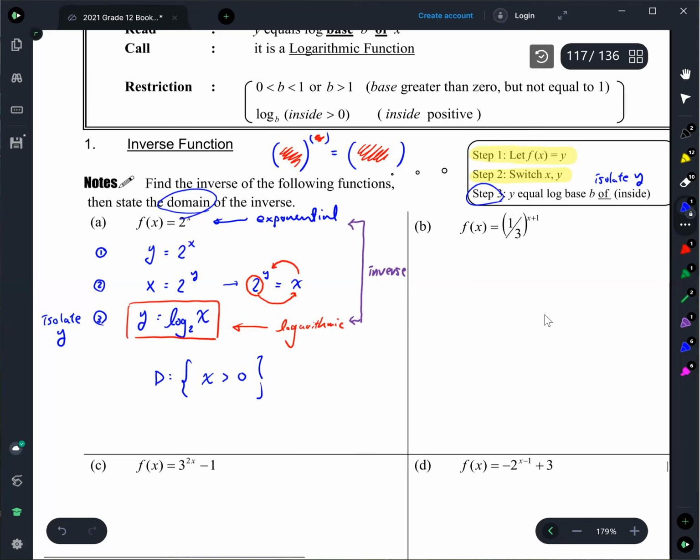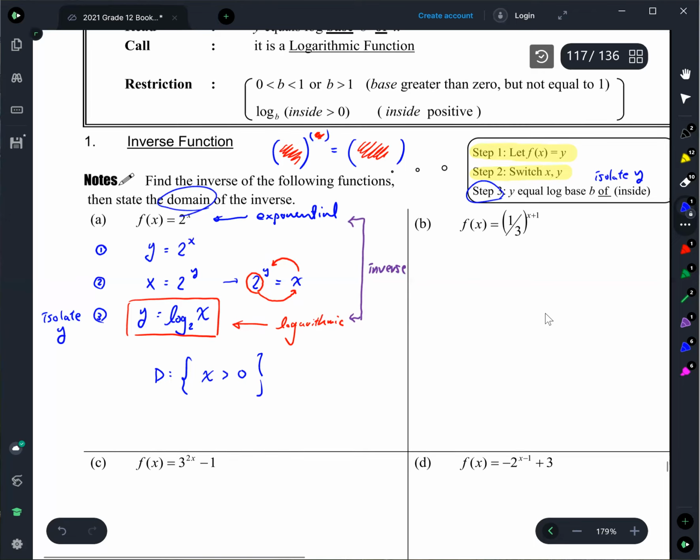We're gonna try another one. Question B is similar to question A. The change is instead of 2, we have a base of 1/3. So you keep the base, do not change 1/3. Instead of x, you have x plus 1.